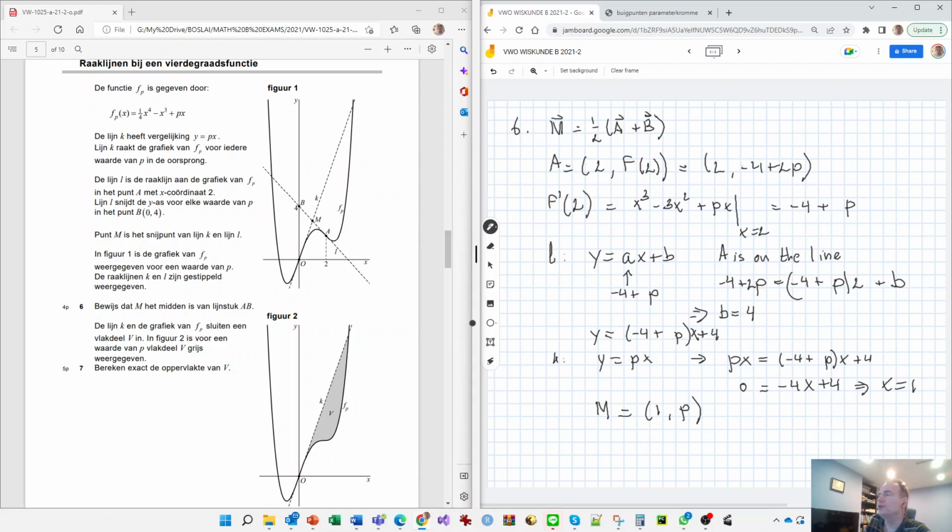And then I have to show that it's also equal to 1/2 of A plus B. Well, what's 1/2 of A plus B? Let me see. The x coordinate of this is 2 plus the x coordinate of B, which is 0, so I get 1.